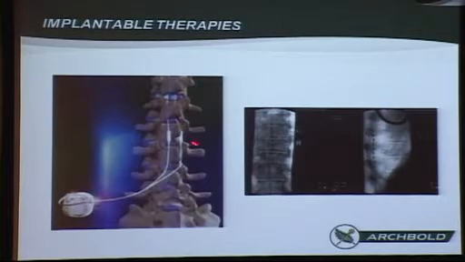So part of our job is to evaluate you thoroughly, do the conservative things first, but if the conservative things fail, then we have this really amazing technology where we can do an implant of like a wire, and it's like a pacemaker. And you can see right here, it just goes right behind the spinal canal.